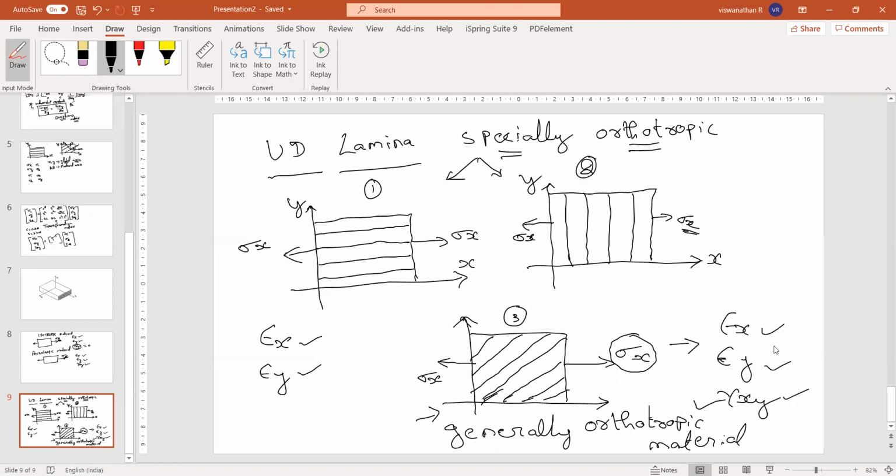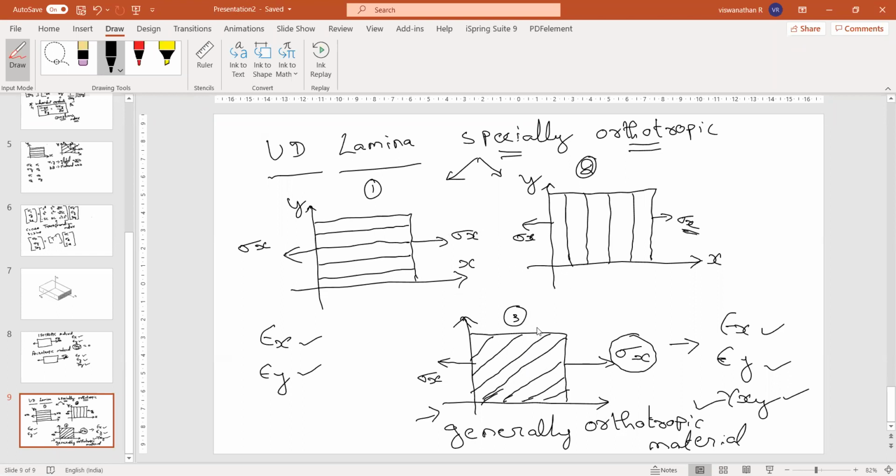So this kind of behavior is anisotropic in nature. That's why you call these generally orthotropic materials. These are orthotropic materials, the UD lamina, but you have two classifications in this, specially orthotropic and generally orthotropic. One behaves like an isotropic, one behaves like anisotropic.